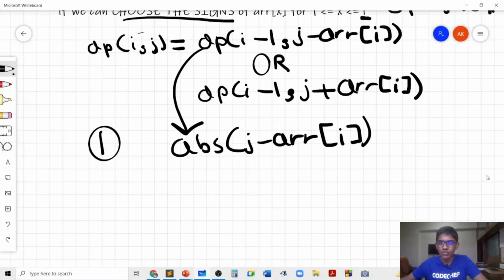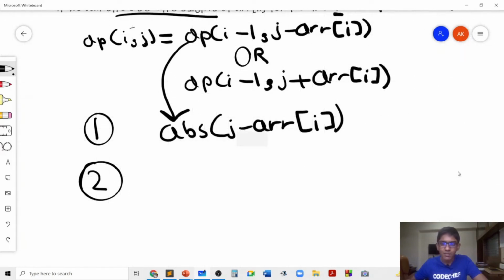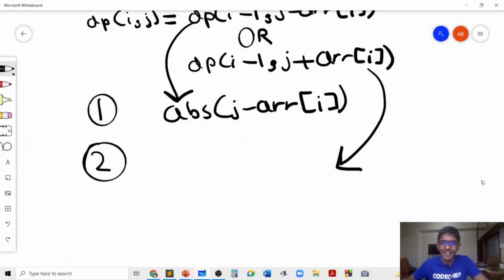So that's the first observation, and the second observation is related to the second part of the expression. So the first part of the expression can be optimized in this manner, and the second part can be optimized by using the fact that we only need to calculate this value for those elements.